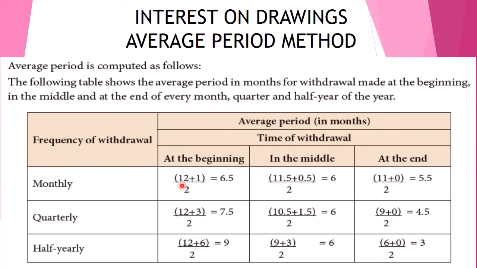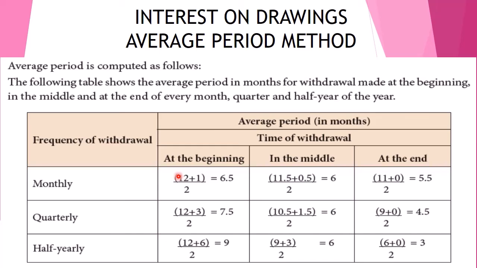It is given as 12 plus 1 by 2. What is this 12 and what is this 1? The average period is equal to the number of months from the date of first withdrawal to the end of the year. So this 12 represents the number of months from the date of first withdrawal to the end of the year. Let's move on to 1. This 1 is the number of months from the date of last withdrawal to the end of the year.